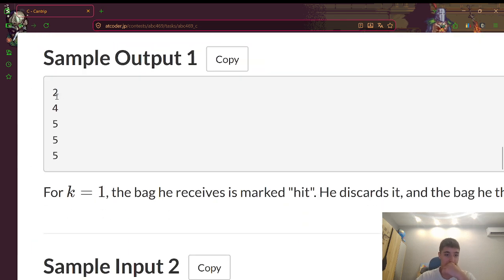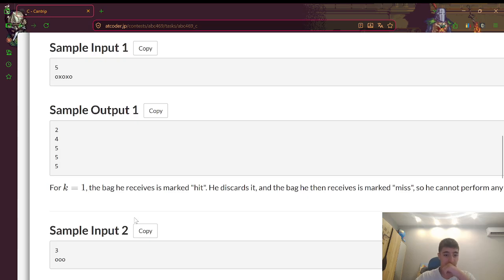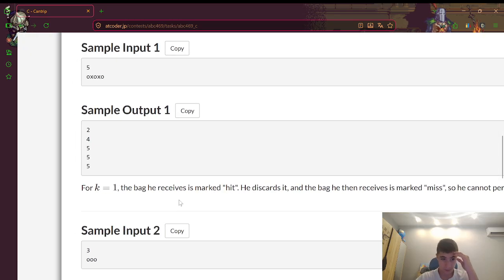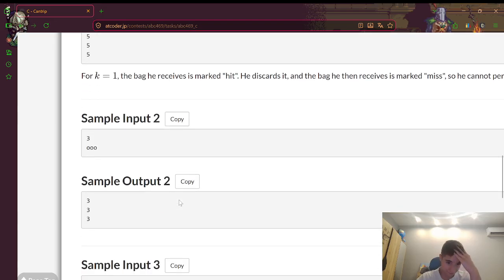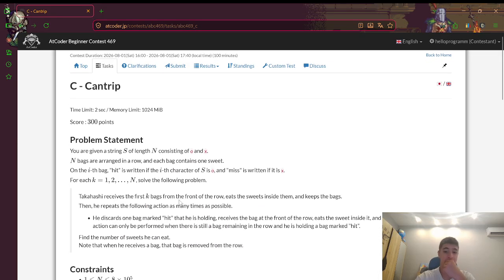OXOXO, 2 4 5 5. What the hell? For K equals 1, the bag he receives is marked hit. He discards it, and the bag he then receives is marked miss. So he cannot perform any further actions.